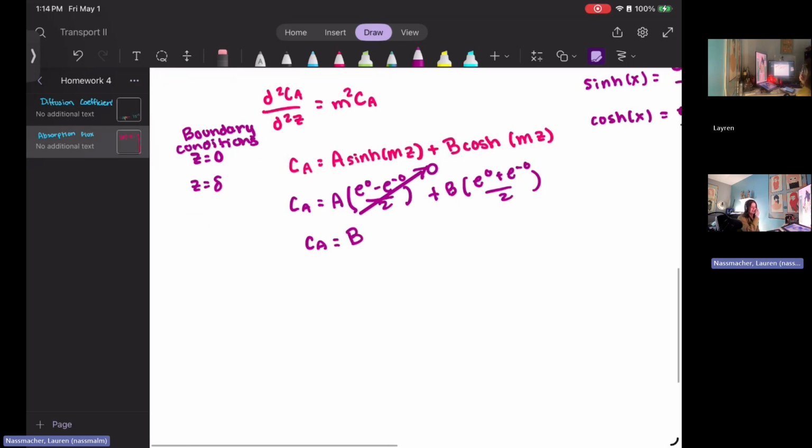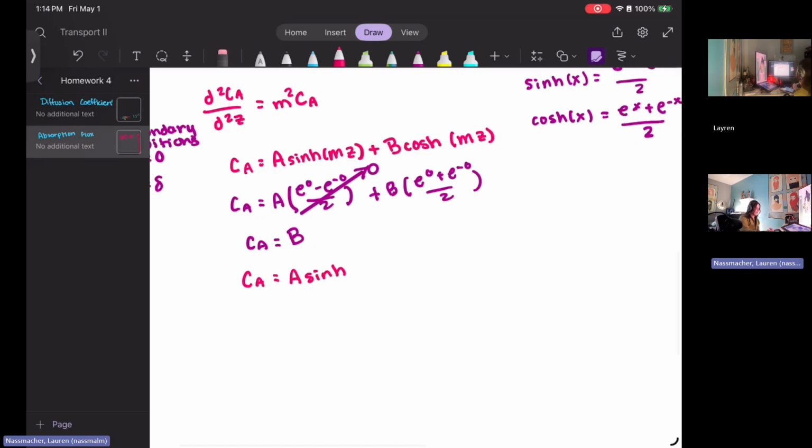Now for our thickness, it's going to be a little more difficult to solve this problem because we'll have that concentration A is equal to our constant A times hyperbolic sine of m times the thickness, plus B times hyperbolic cosine of m times the thickness.